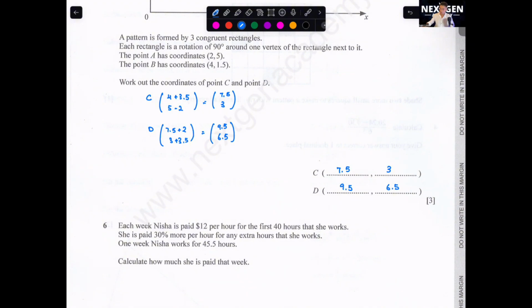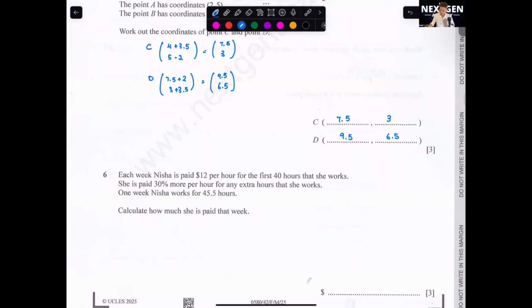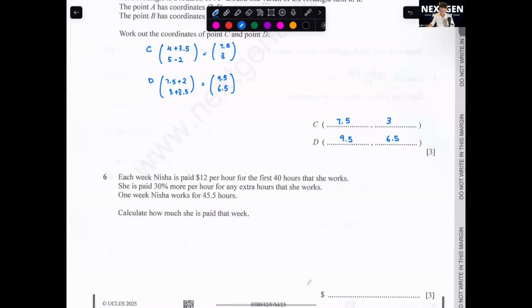Number 6. Each week, Nisha is paid $12 per hour for the first 40 hours that she works. She is paid 30% more per hour for any extra hours that she works. One week, Nisha works 45.5 hours. Calculate how much she is paid that week. The first 40 hours is based on $12. She worked 5.5 extra hours, which will be extra 30%.